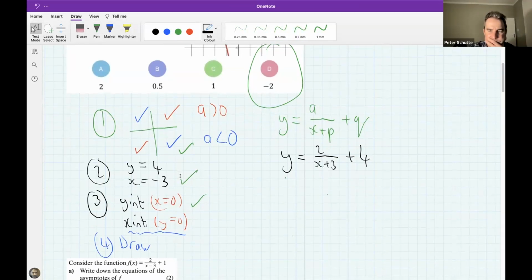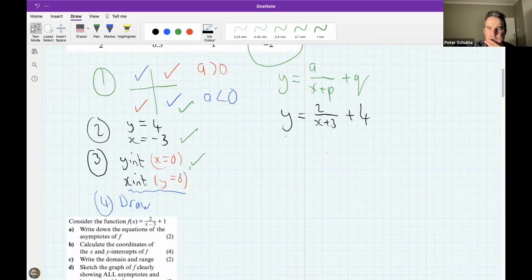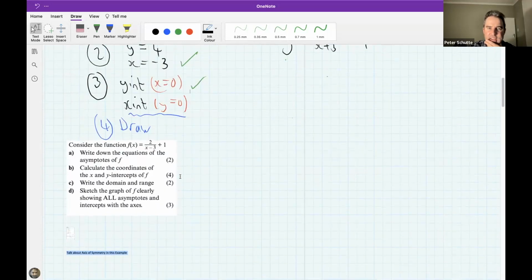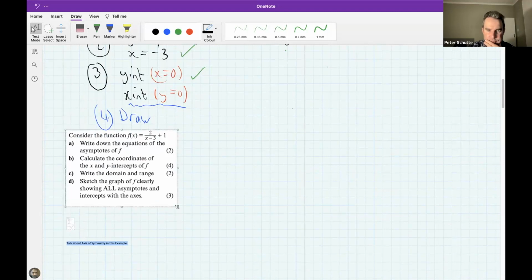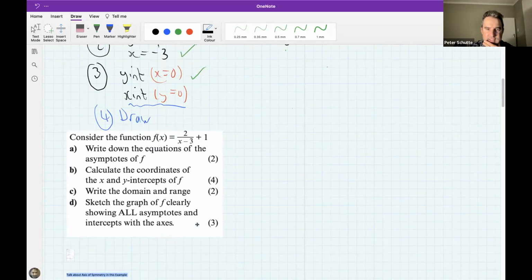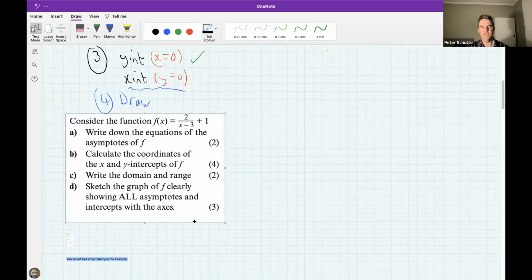Okay, cool. Well, then let us look at an exam-like question. It's broken up in a slightly different way, but it's worth quite generous marks. I don't know if I would give 11 marks always for this, but let's give it a go.